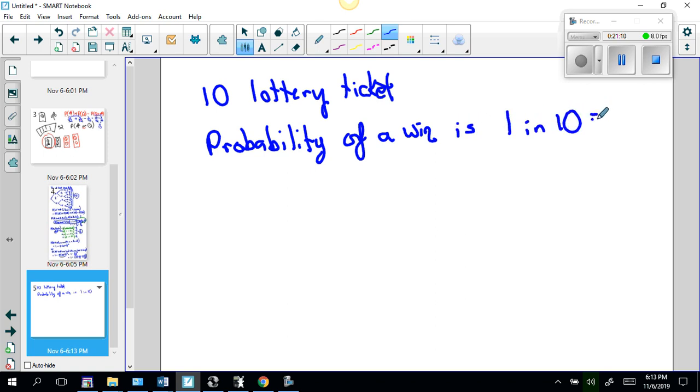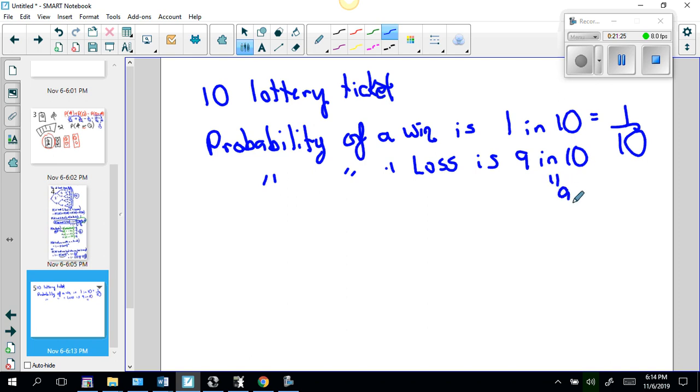You know what they mean? 1/10. Therefore, the probability of a loss is 9 in 10, which is 9/10.